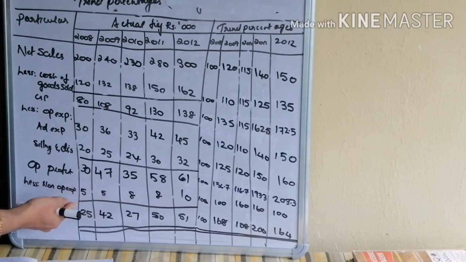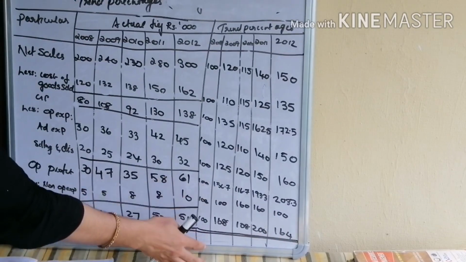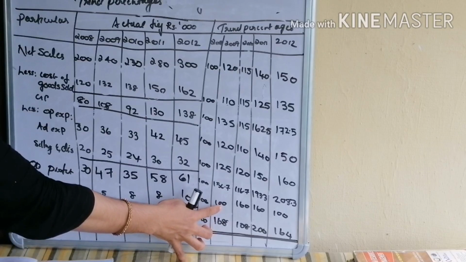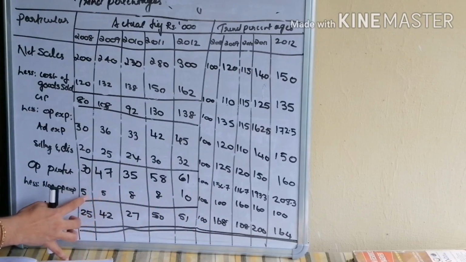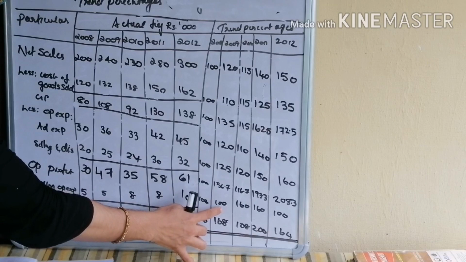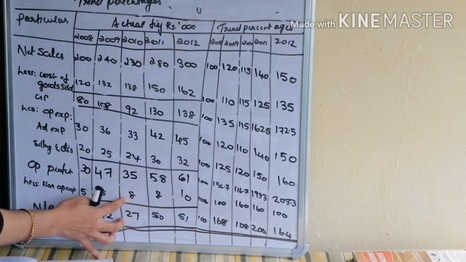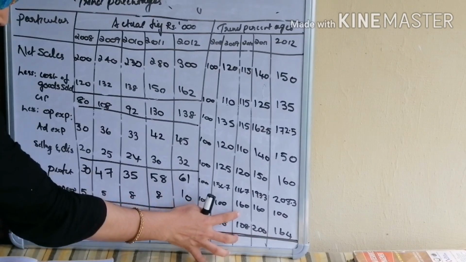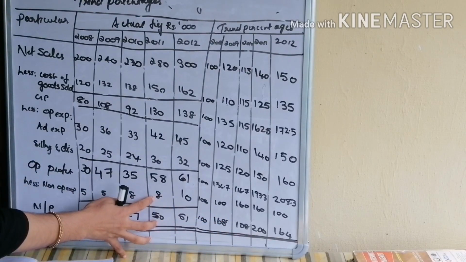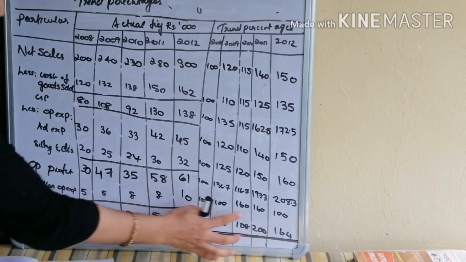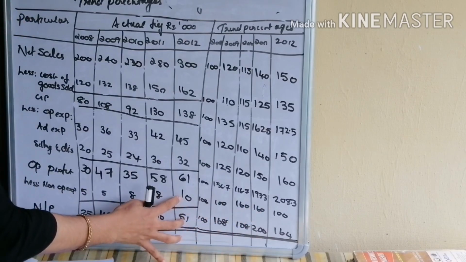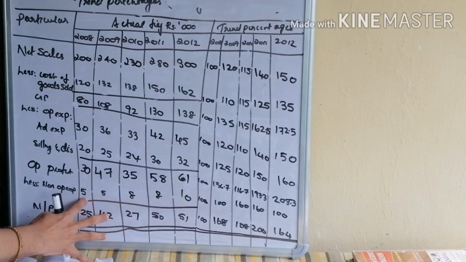And next we have to less non-operating expenses. The base year is 100 and for 2009, 5 divided by 5 into 100, that is the same, 100%. Then next 2010, 8 by 5 into 100, 160. 2011, 8 by 5 into 100, 160, same. And 2012, 10 by 5 into 100.